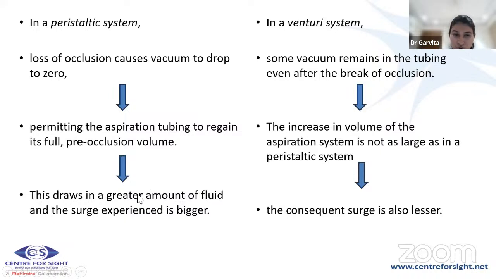This will draw in a greater amount of fluid and the surge that is experienced is bigger in a peristaltic system. In a venturi, however, there is already some amount of vacuum that remains in the tubing even when the occlusion is broken. This increase in volume will not be as large as in a peristaltic system. Therefore, the consequent surge will be much lesser.